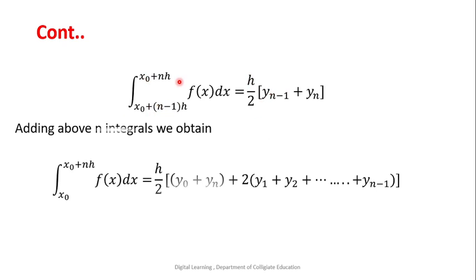Adding the above integrals, we get integral from x0 to x0 plus nh of f of x dx is equal to h by 2, which is a common factor in all the integrals, taken outside, times y0 plus yn plus 2 times y1 plus y2 plus y3 up to y n minus 1. This formula is called the quadrature formula, the trapezoidal rule.